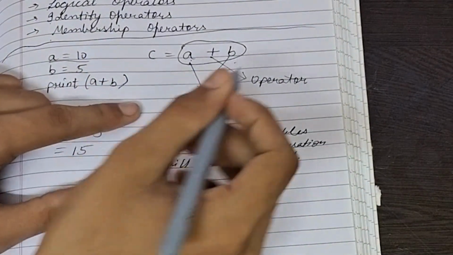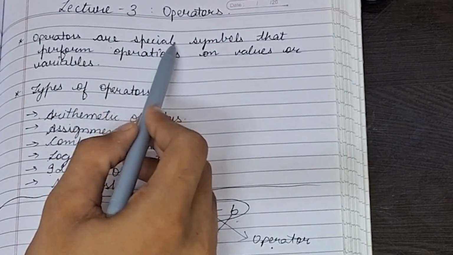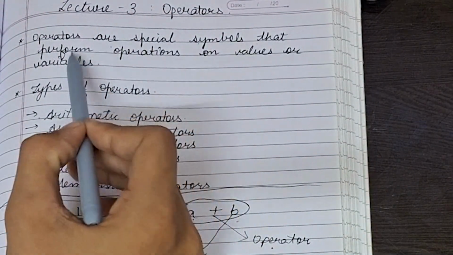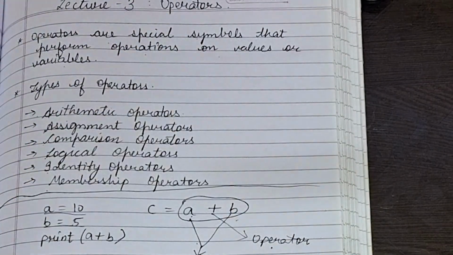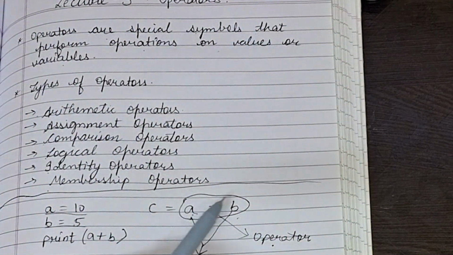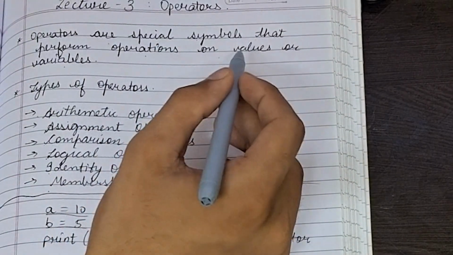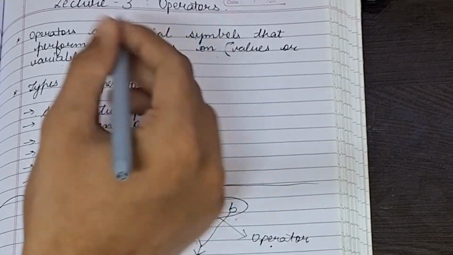So what is the meaning of operator? We have seen earlier, operators are special symbols that perform operations on values or variables. Or we can simply say that the values or variables are operands.